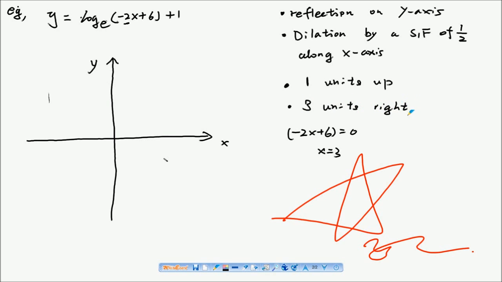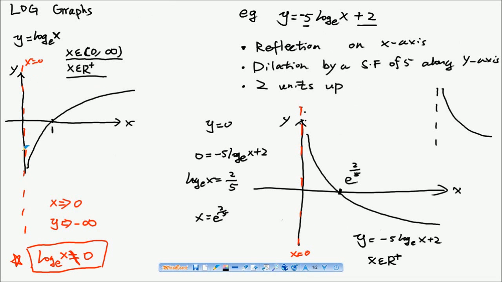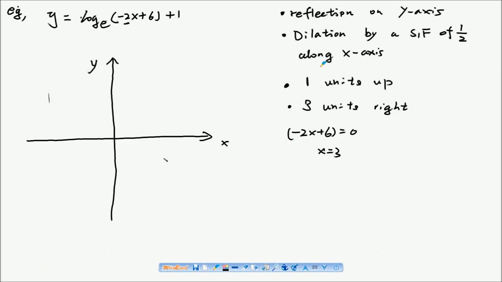Now let's start to draw the graph. From the standard graph, after we have a reflection on the y-axis, I will have a shape like this.